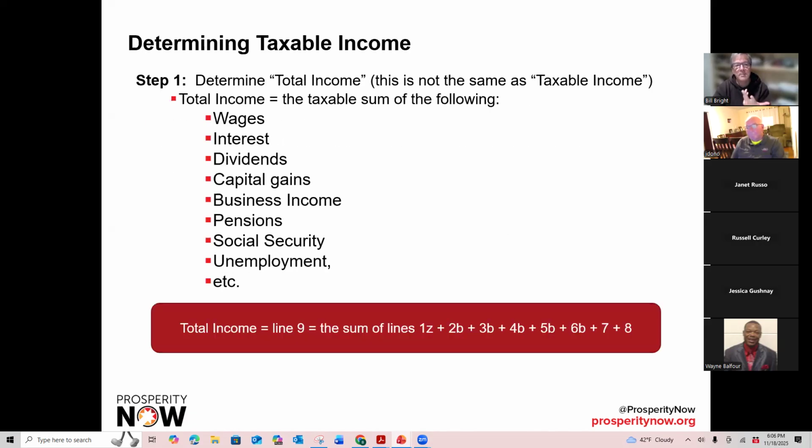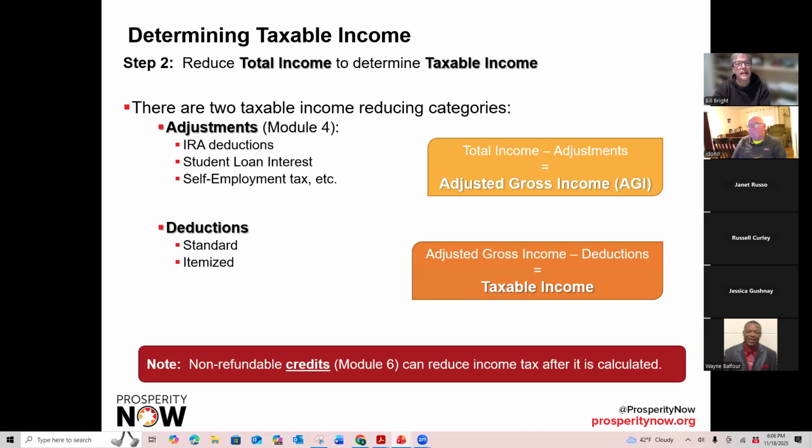So again, taxable income is the sum of all of these: wages, interest, dividends, cap gains, business income, pensions, taxable part of Social Security, employment, et cetera. So total income, which actually is no longer going to be line 9, but is the sum of all those other items. Now, we need to reduce total income to determine taxable.